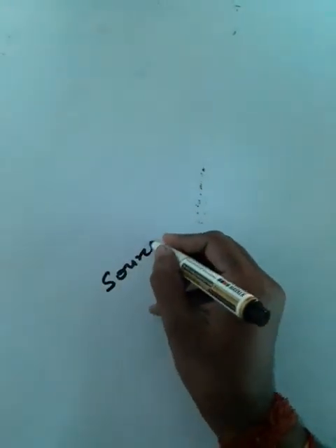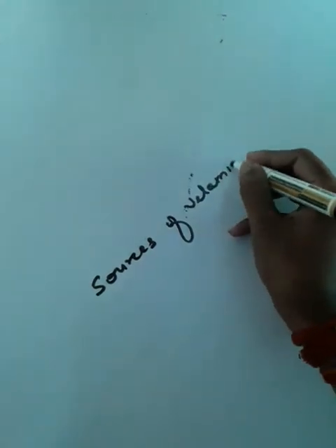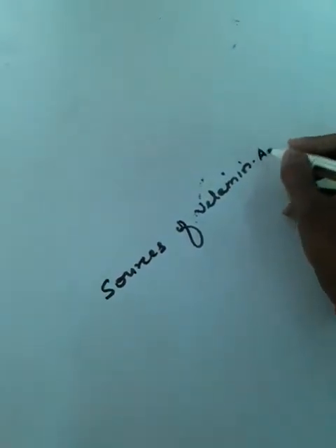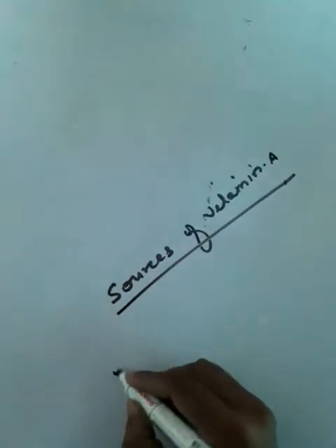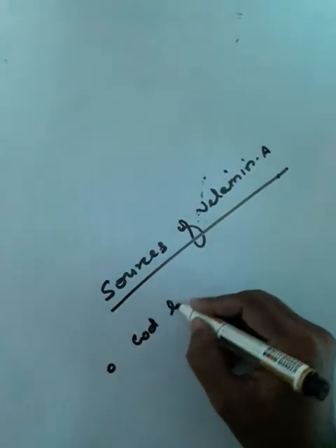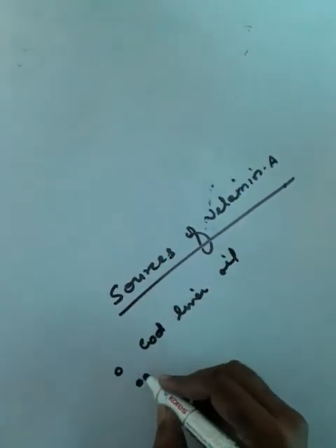So if you talk about the sources of vitamin A, then cod liver oil. Second is shark liver oil.